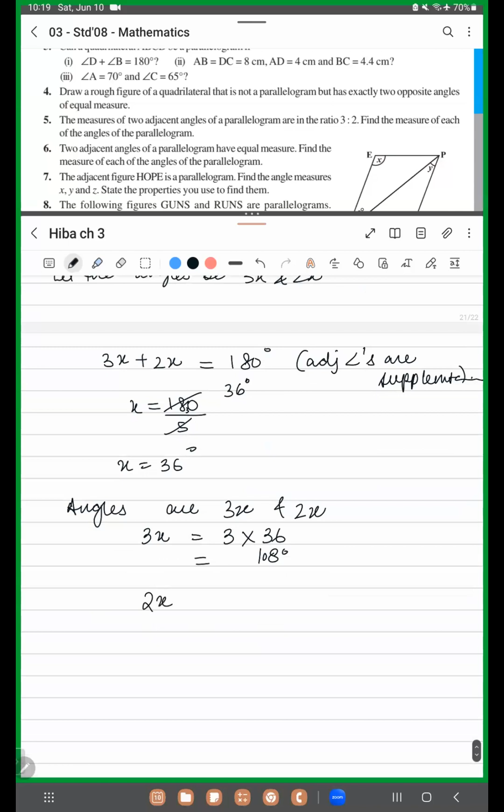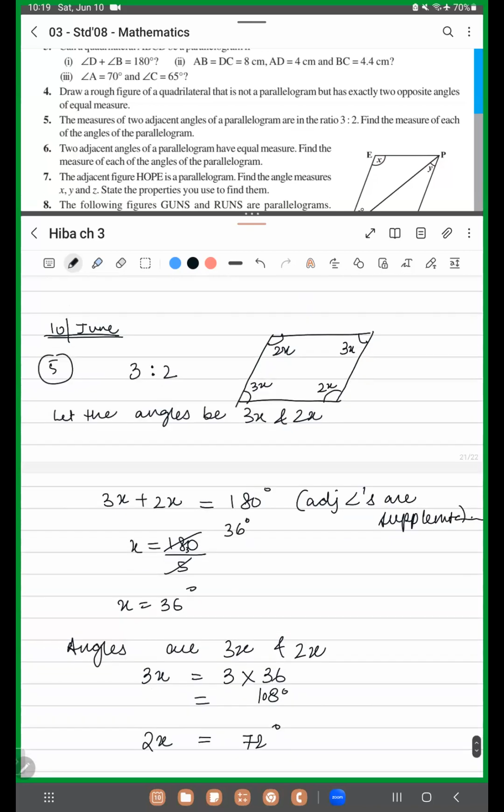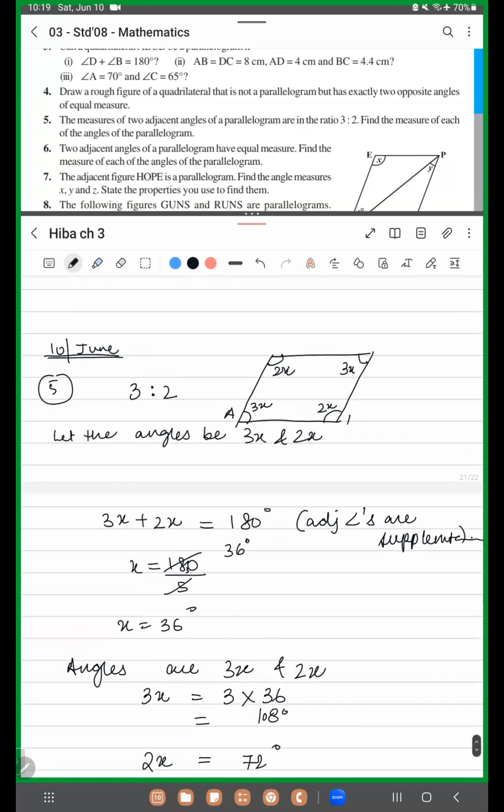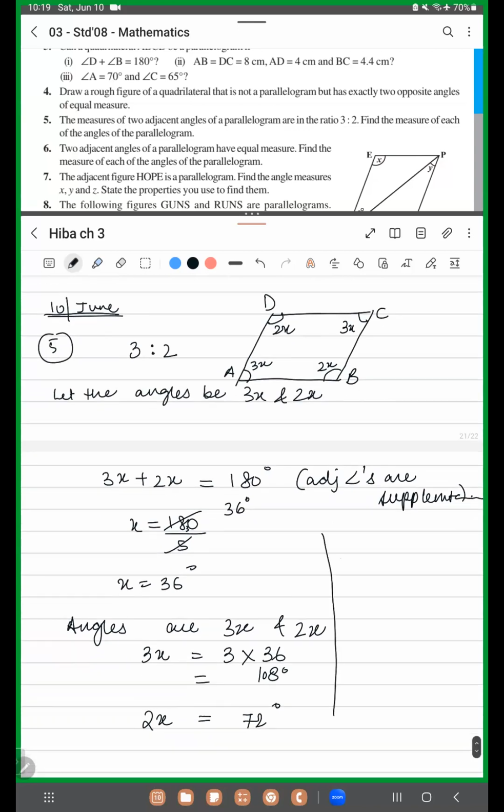It is going to be 72. 72 degrees. So we will write it like this. This is A, B, C, D, right? The angles of the parallelogram are as follows. Angle A is equal to angle C is equal to 108 degrees. Angle B is equal to angle D is equal to 72 degrees.